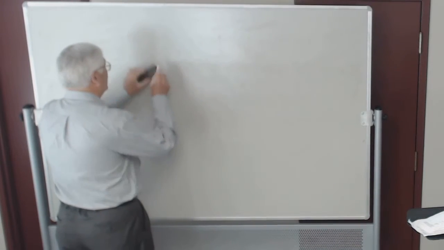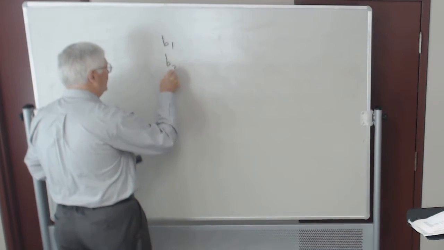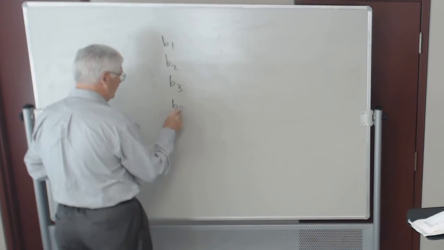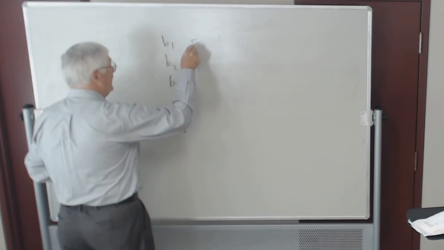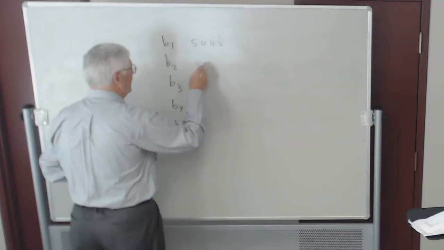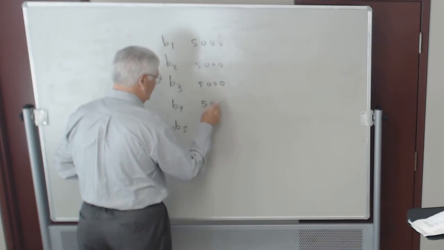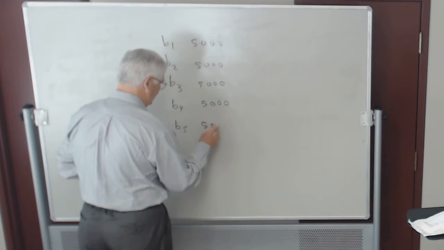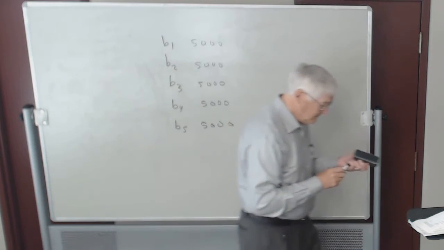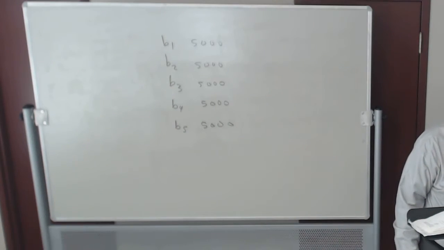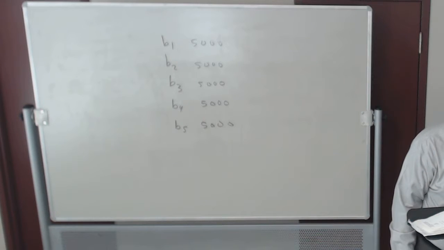Let's start a little higher. Bond 1, bond 2, bond 3, bond 4, bond 5. And they each are $5,000 bonds? Is that what they said? I'm just going from all those words to a picture.